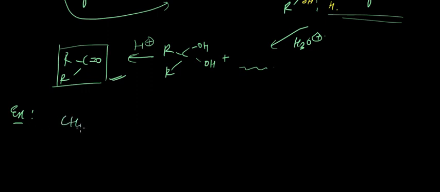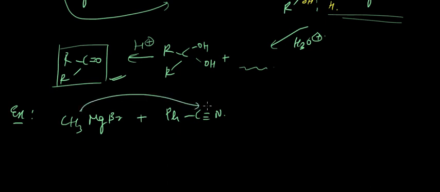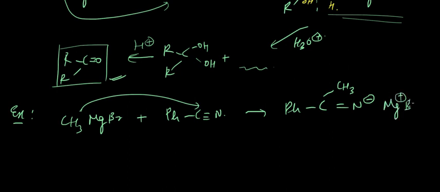Okay, let's look at another example. We have something like this plus cyanobenzene. So here again we will get something like CH3 double bond N minus Mg plus Br, and again on hydrolysis, which we mentioned here only.